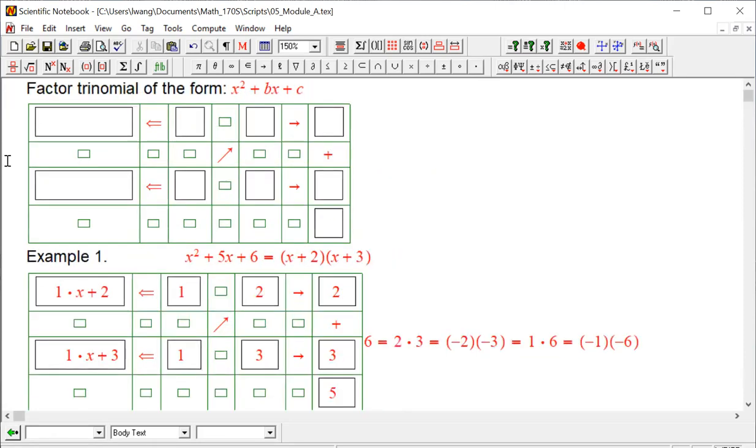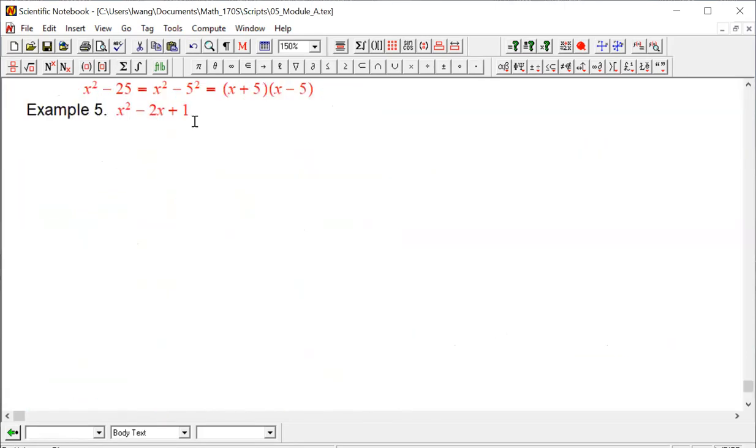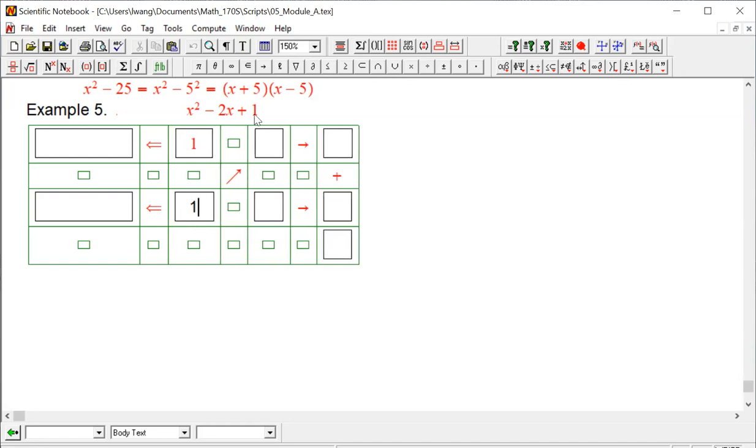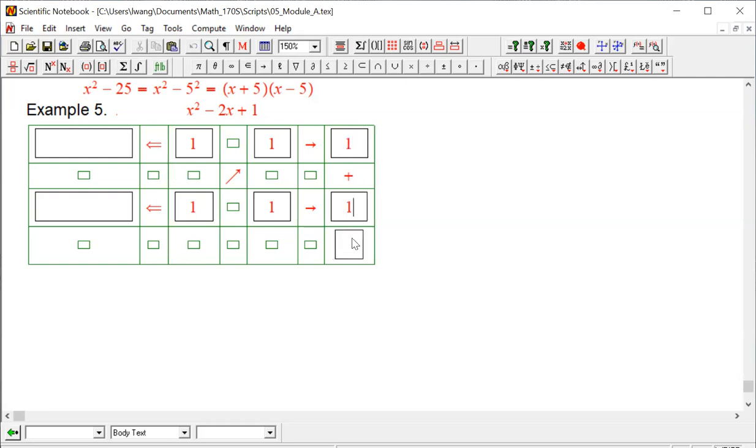For x squared minus 2x, the number to match is negative 2. So we have 1 times 1, and the positive 1 is equal to 1 times 1 as well. So we do the cross product: 1 times 1 is 1, 1 times 1 is 1, so we have a 2. But the 2 does not match the negative 2 here. So this combination is not going to work.